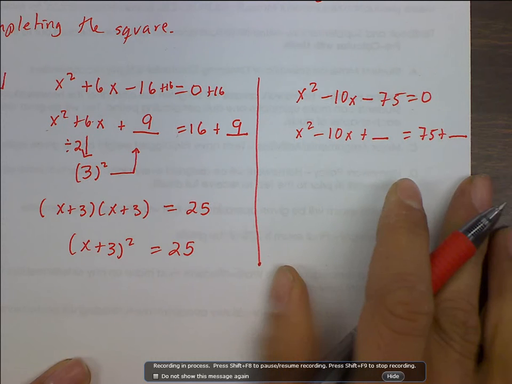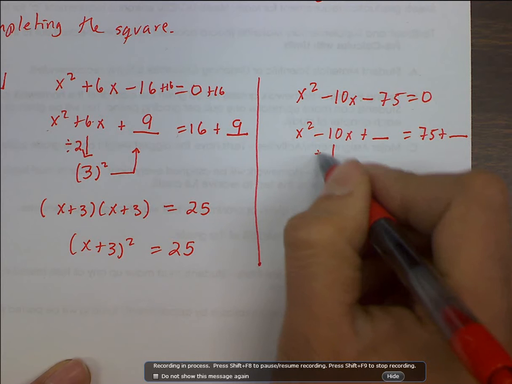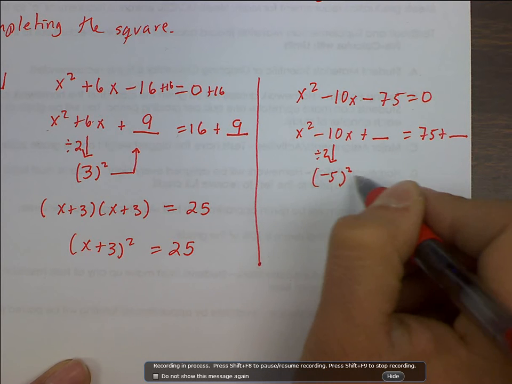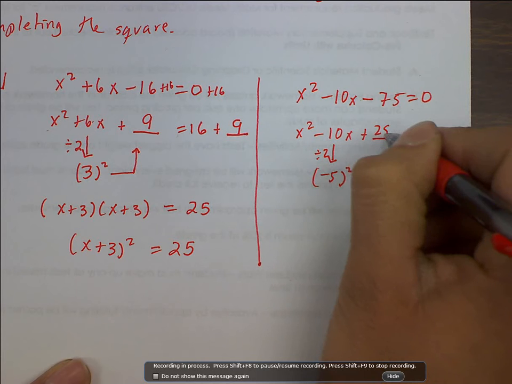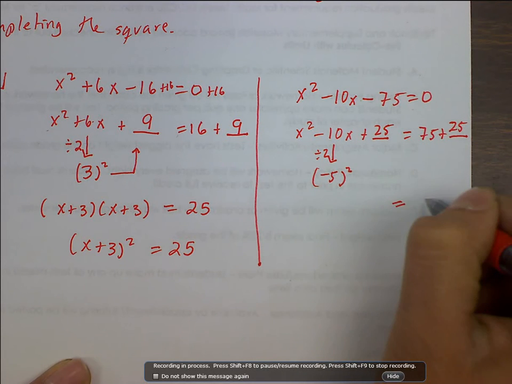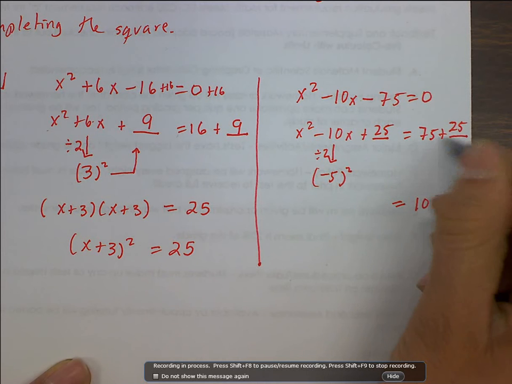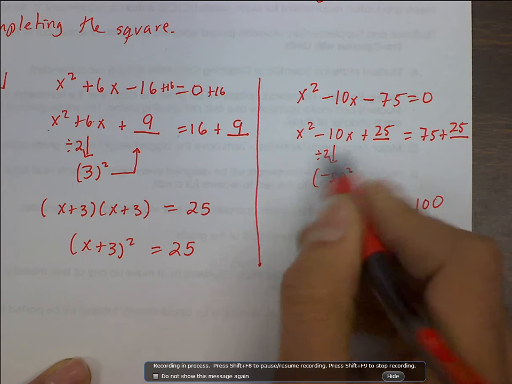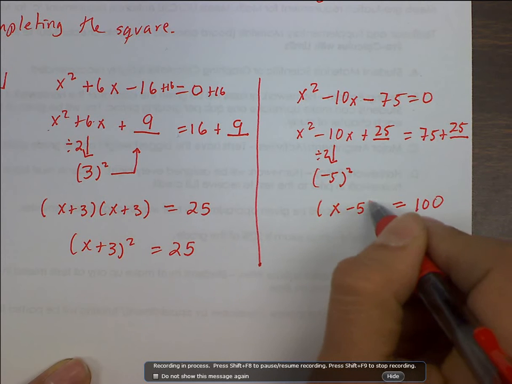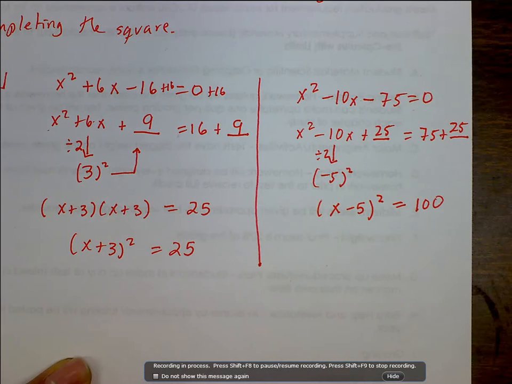So negative 10 divided by 2, you get negative 5. Then you square this. Negative 5 squared is positive 25. So you add it there, you add it here. Now on the right-hand side, you get 100. And on the left, if we factor this, we have x minus 5 to the second power. Okay? So that's how you do it.